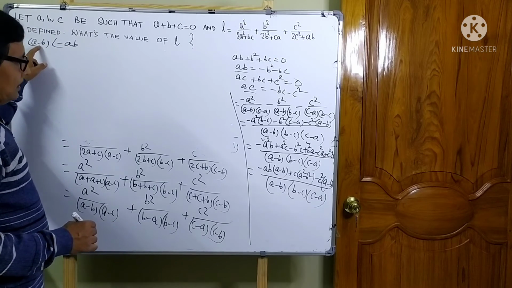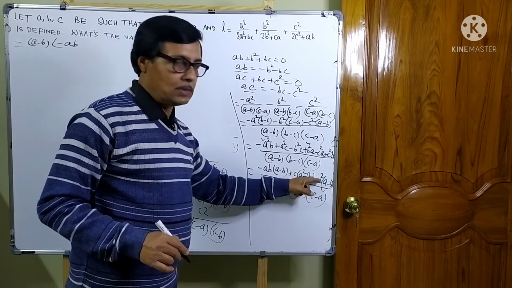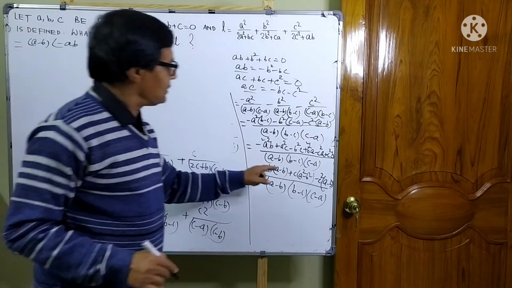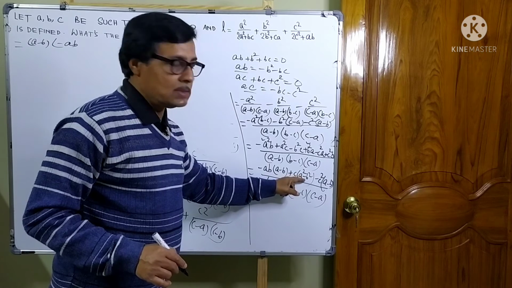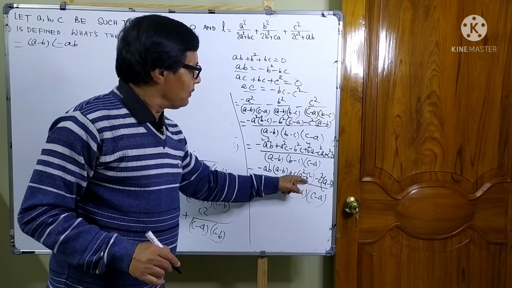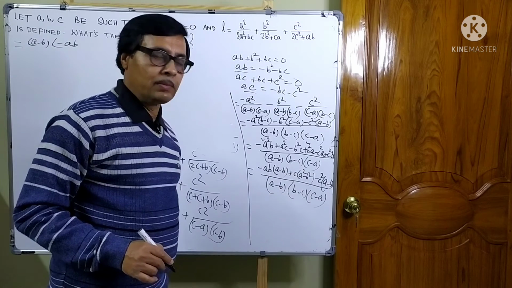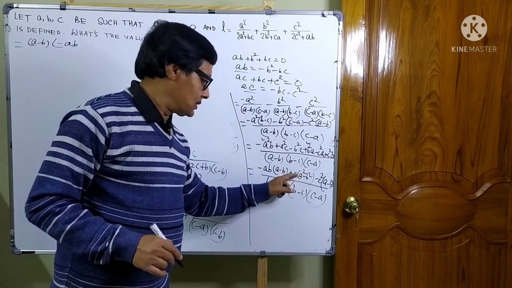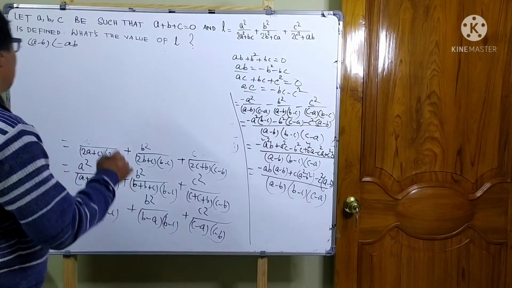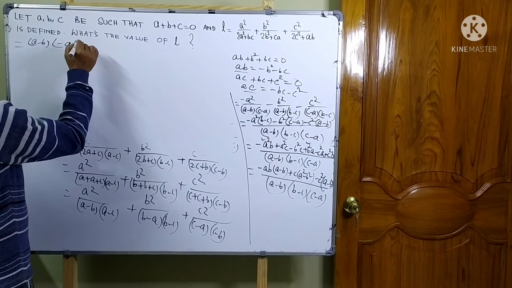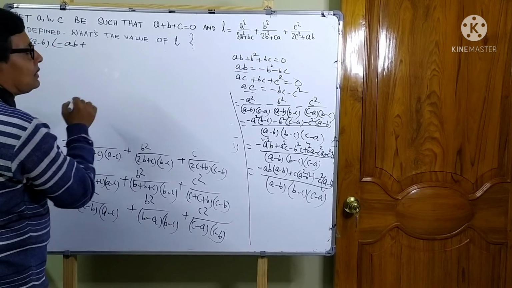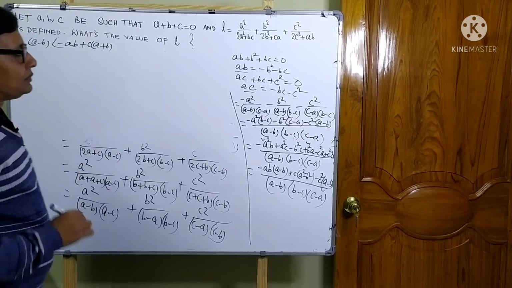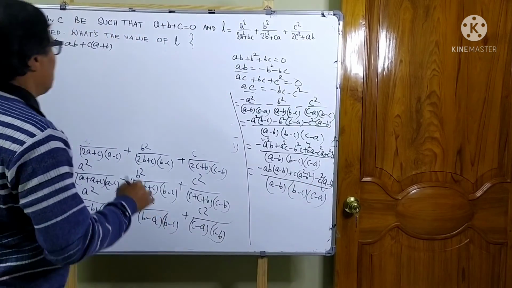So a minus b multiplied by minus ab, then c multiplied by a plus b, minus c square.